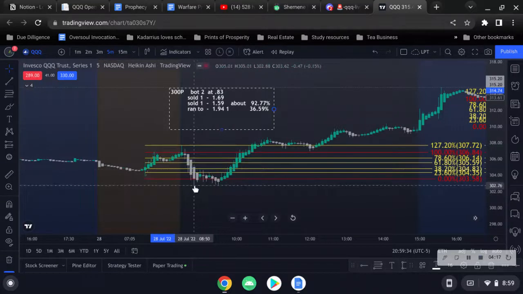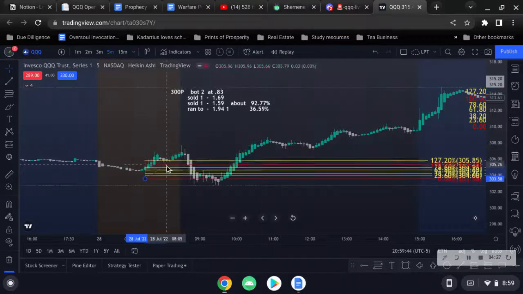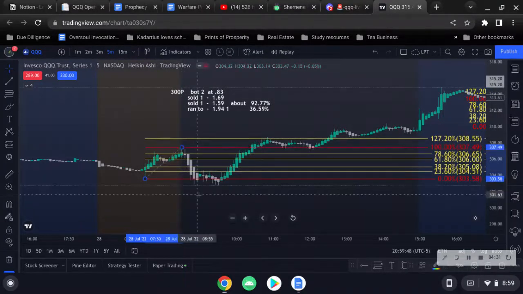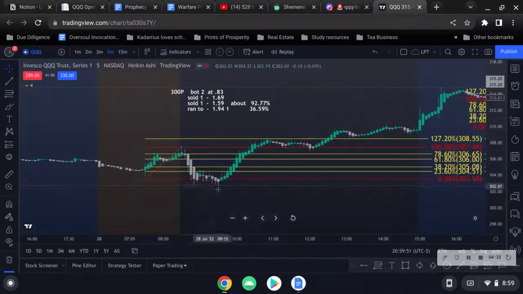They ran down below this level to 194, because at that point I don't think I had adjusted my low yet. So anyway, I exited here.